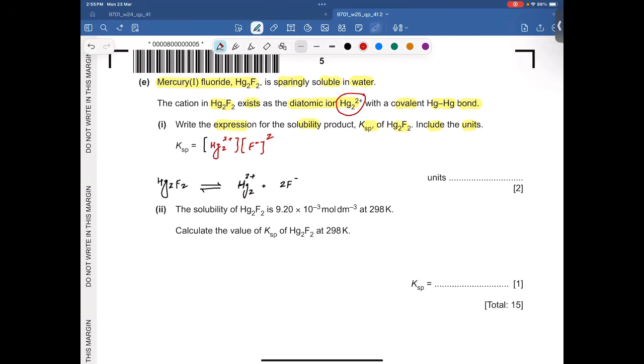Unit: this is going to be mole per dm3, into mole square dm minus 6. So the unit is going to be mole cube dm minus 9.